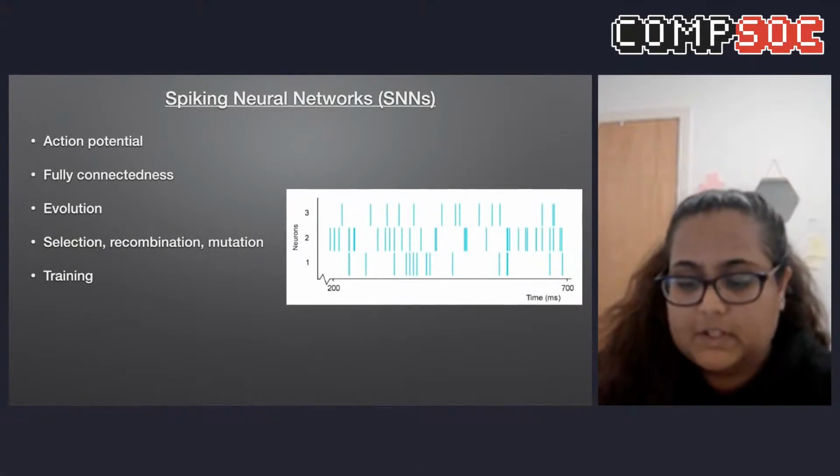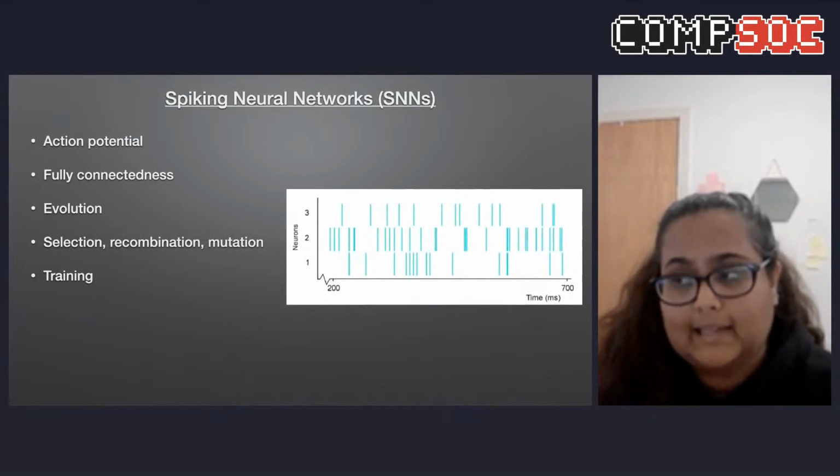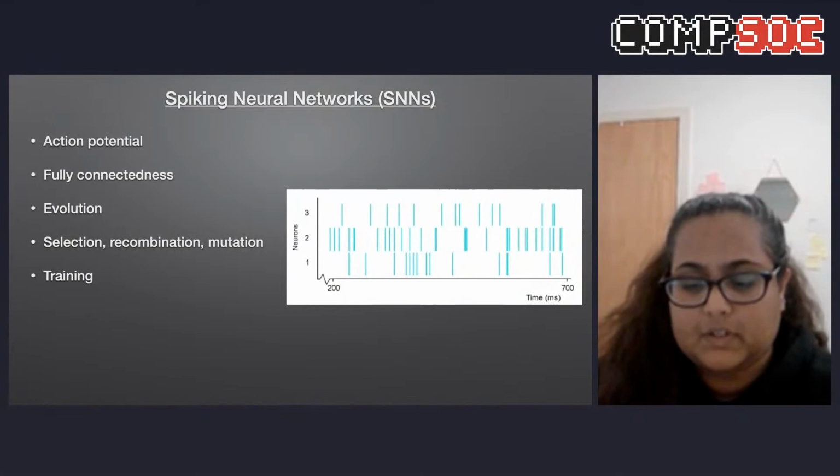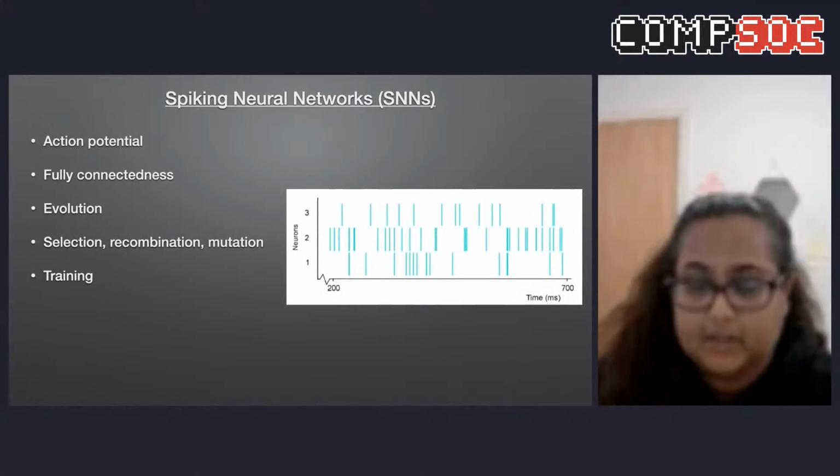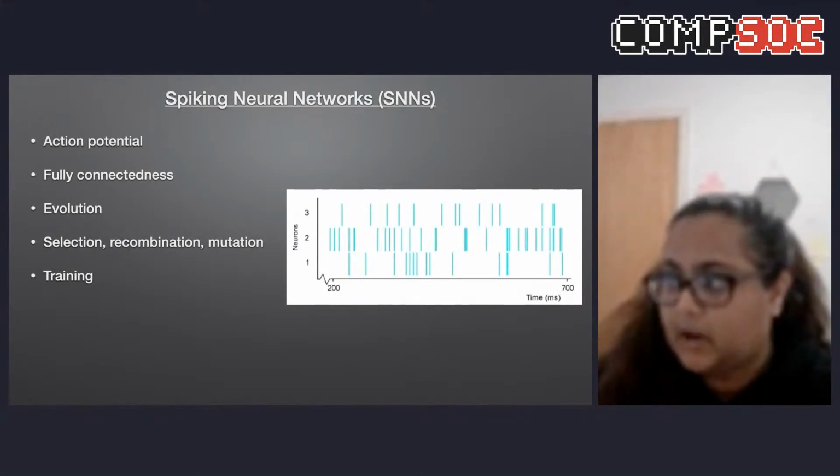There are also issues with supervision of the training in SNNs. Although there are various methods for unsupervised training, there's no currently known effective model for supervised training with a higher performance than current neural networks. And this is because the spikes aren't differentiable. So this diagram is the training trace of 3 different neurons.